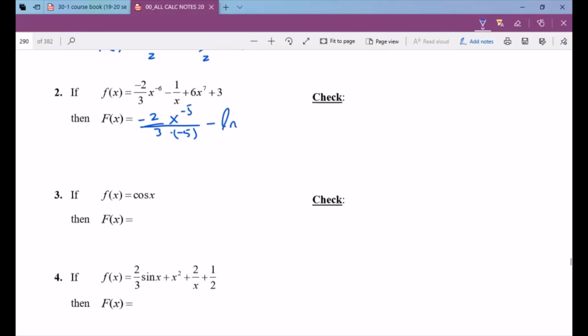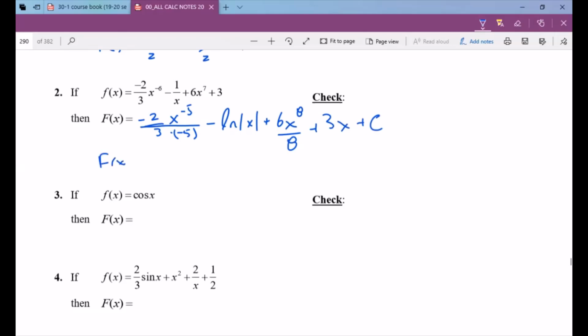That's the derivative of natural log. So minus ln x. Plus 6. Add 1 to the exponent and divide by that amount. 6x to the 8 over 8. Last one, that's pretty straightforward. That's just going to be 3x and then plus c.